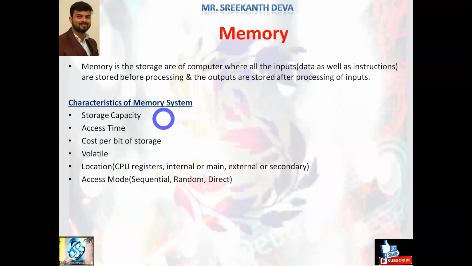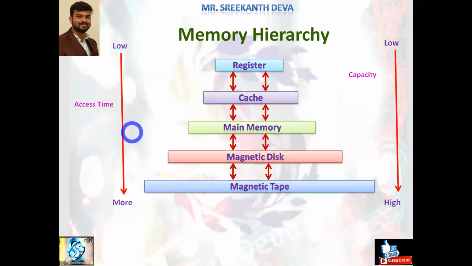Next, access time. Access time refers to the time required to locate and retrieve stored data from the storage unit in response to a program instruction. The primary storage units have faster access time as compared to secondary storage units. Access time increases as we go down.